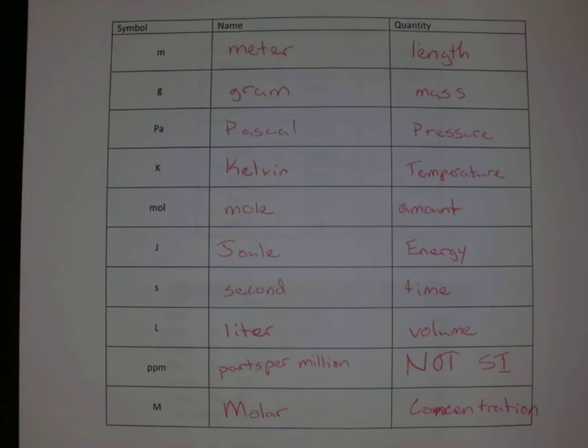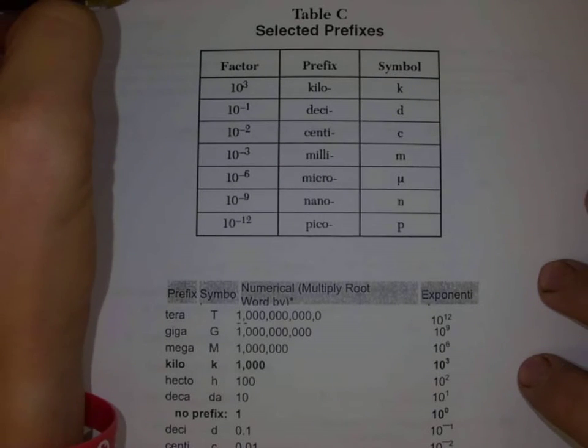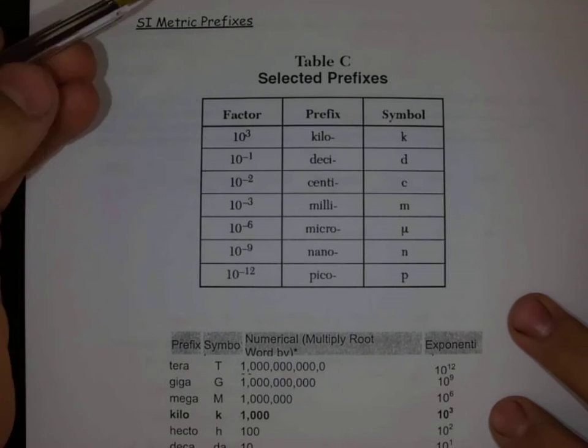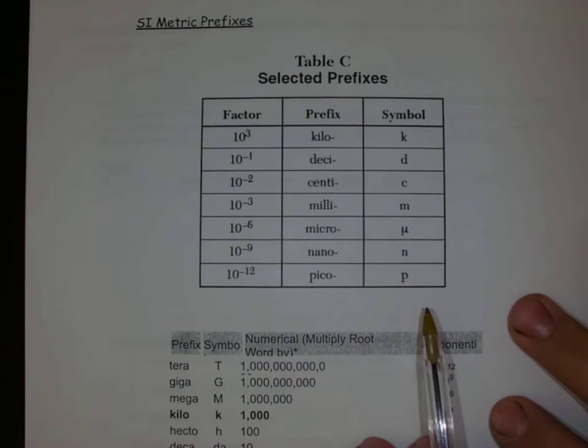Okay, so what we're going to start to see is that we have a base unit, like the ones that we just went through, and then we are going to see a prefix, okay? So a prefix, we're going to see any of these symbols, and then we're going to have a base unit.